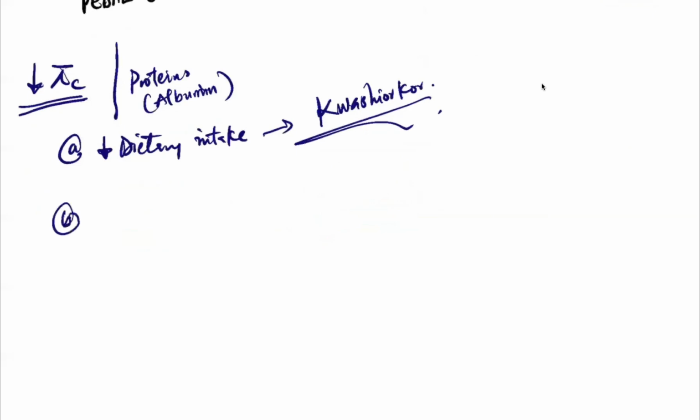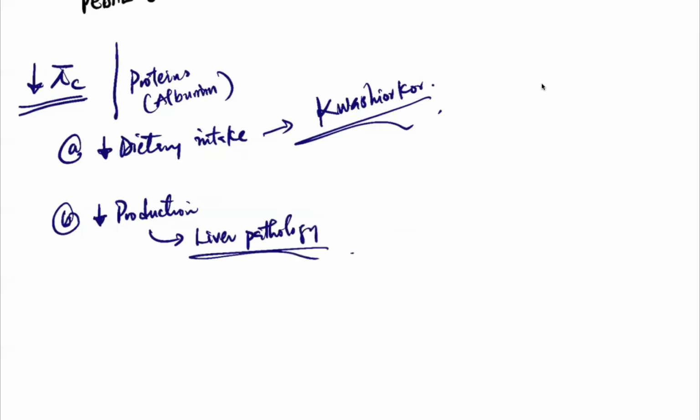The second is maybe because you are not producing enough proteins. So decreased production is going to be in people with liver pathology. Liver cirrhosis is going to have multiple mechanisms. It could be a person with cirrhosis or any of the other liver diseases you can think about.